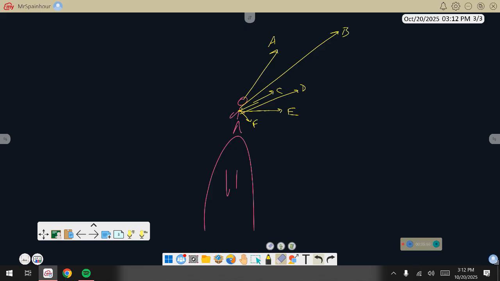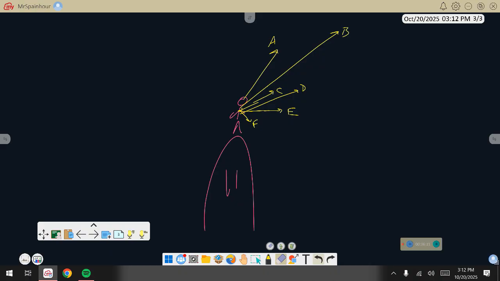It doesn't care what's happening in the X whatsoever. The reason why C and D will hit the ground at the same time is they have the exact same Y component. Now, what's D going to do different than C? Go further, because it's going more in the X in the same amount of time.